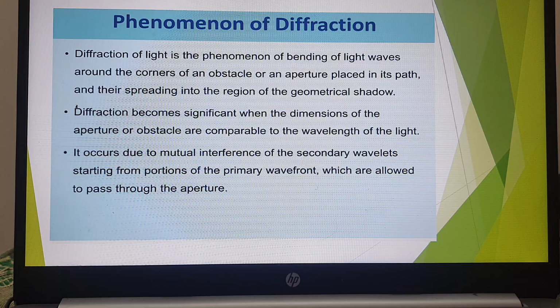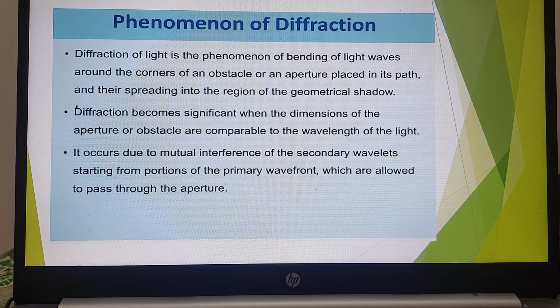It occurs due to mutual interference of the secondary wavelets starting from portions of the primary wavefront which are allowed to pass through the aperture. So this is the perfect definition for the phenomena of diffraction.